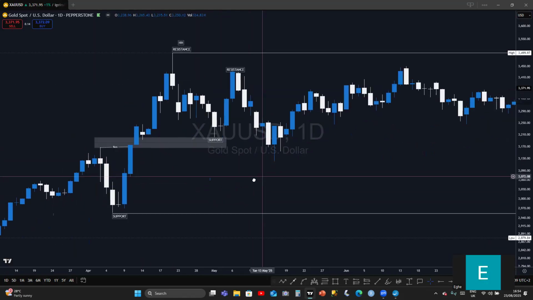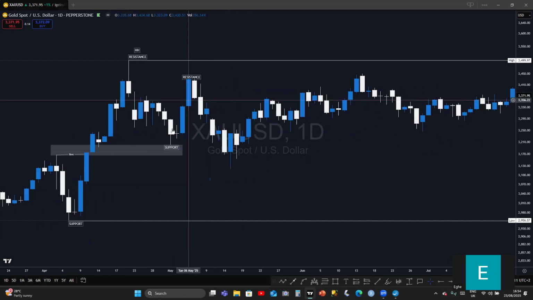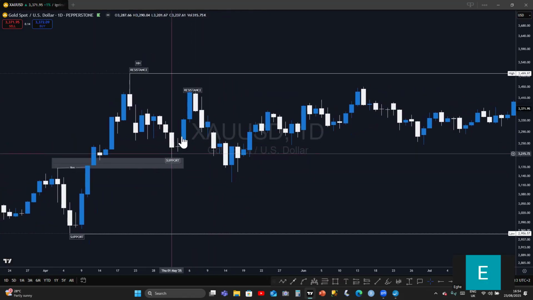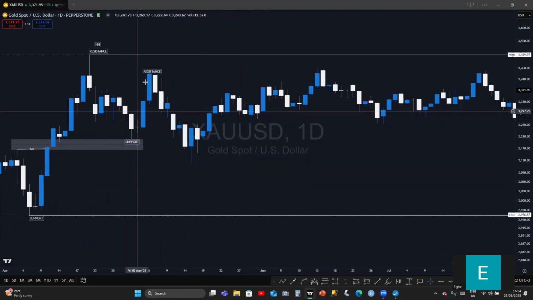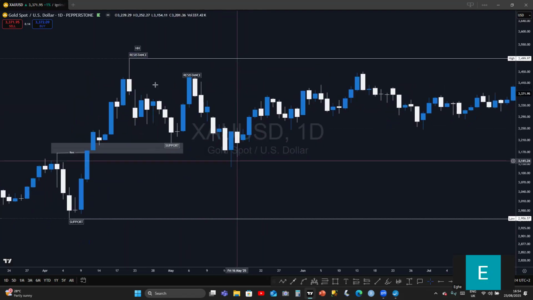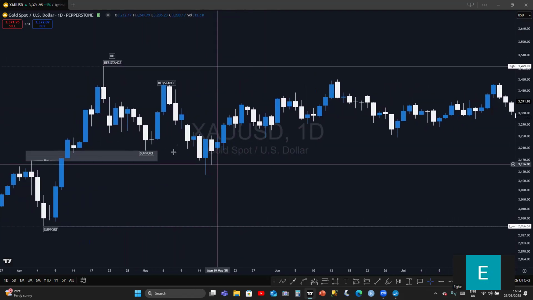But at any point, if you discover that price was not able to clear this resistance level, you take your profit, stay out of the market, and wait for price to rebound again. You just know that the order flow has been altered. Instead of price pushing above 80 euro, it stopped at 70 euro.